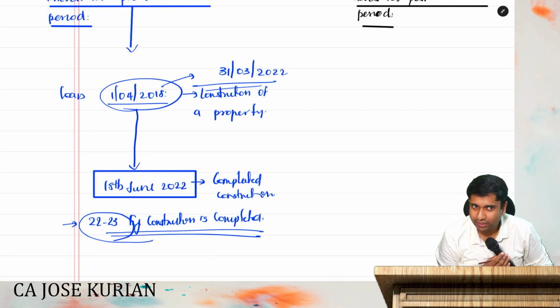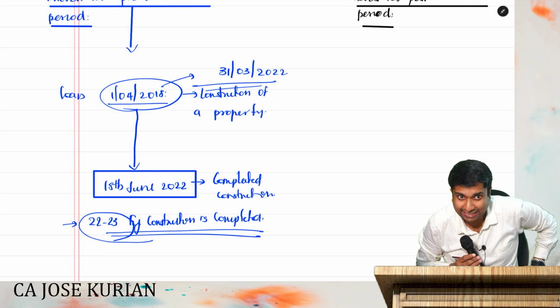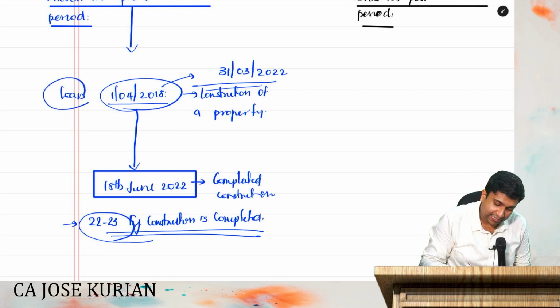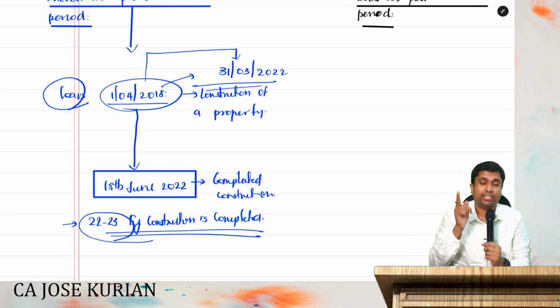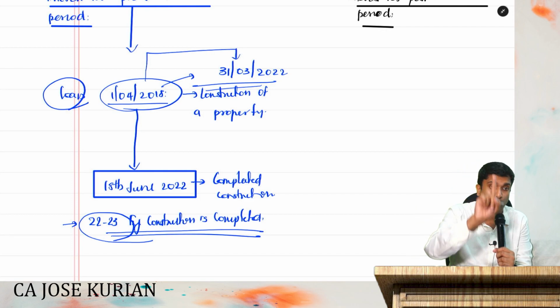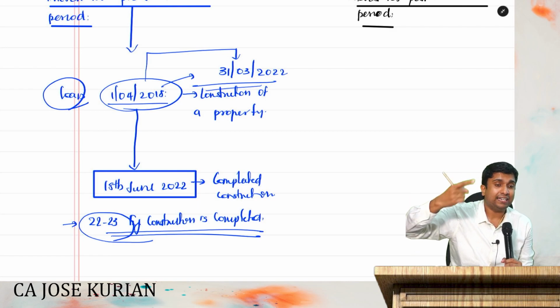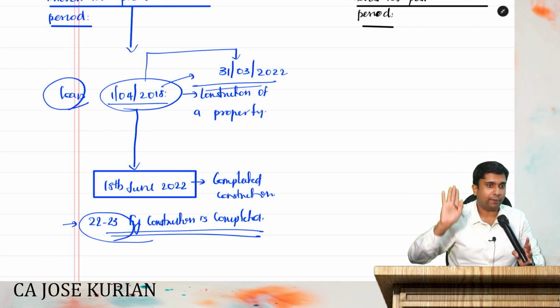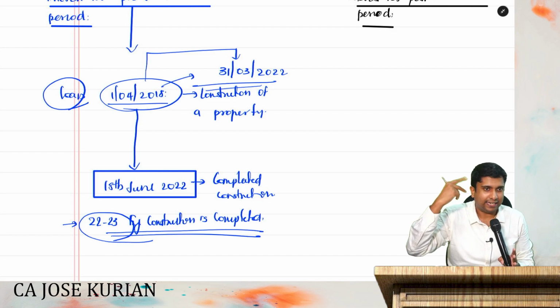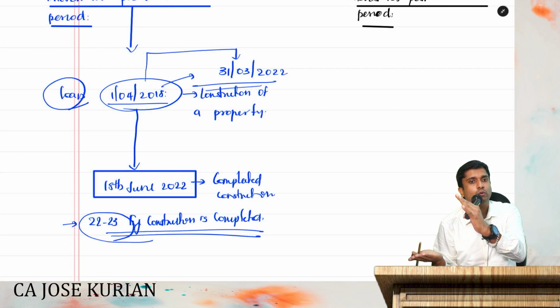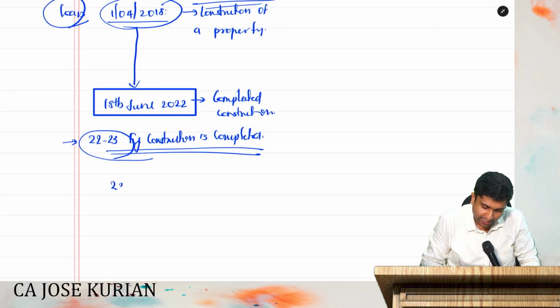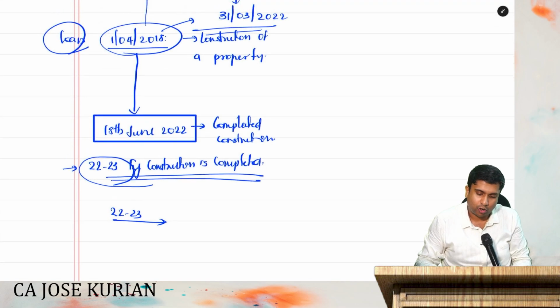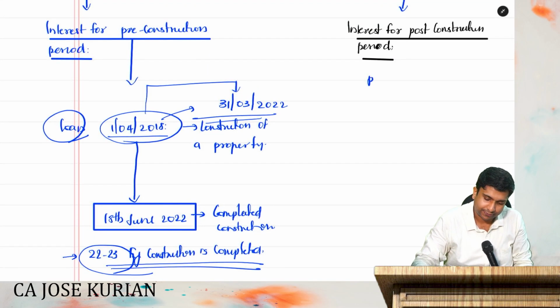Are you all with me? So pre-construction period interest means the interest that you have suffered from 1st April 2018 to 31st March 2022. You have to pay interest until the loan is fully repaid, until you completely repay the principal amount. Yes or no? For 22-23 and afterwards, you can call it the post-construction period.